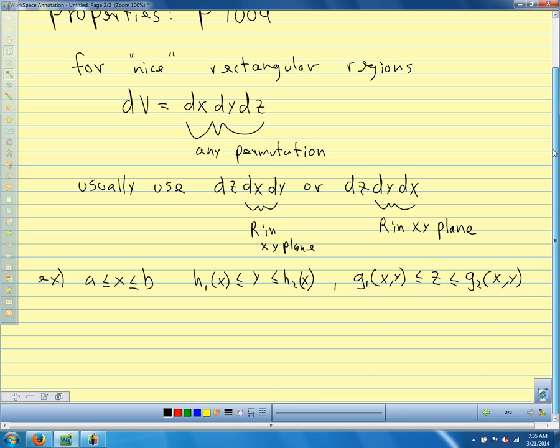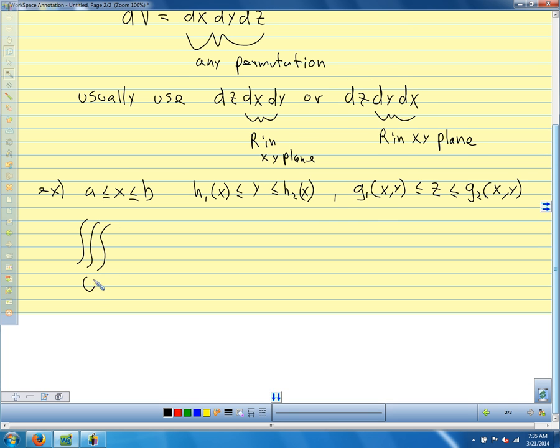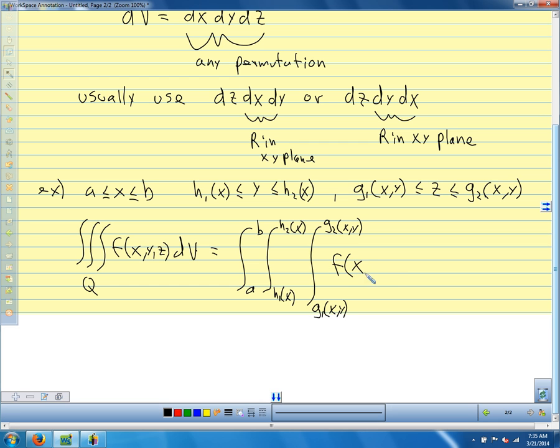Then our triple integral over our region of f of x, y, z dv is the integral from a to b, the integral from h1 of x to h2 of x, the integral from g1 of x, y to g2 of x, y, of f of x, y, z, dz, dy, dx.